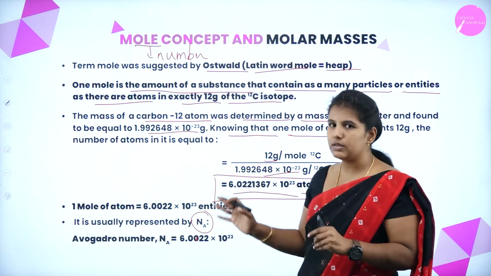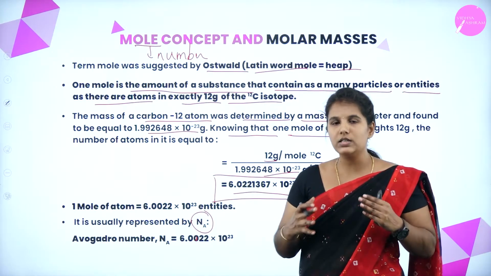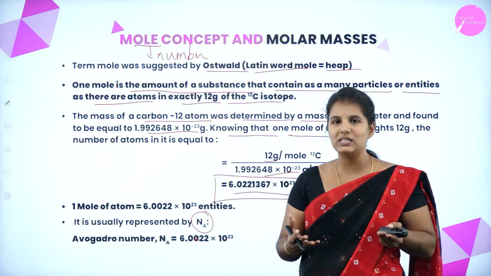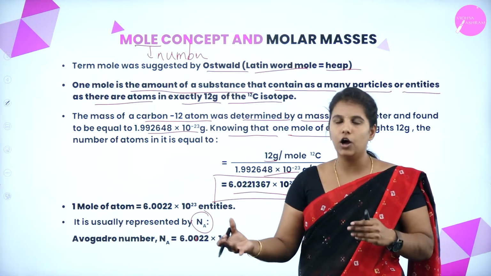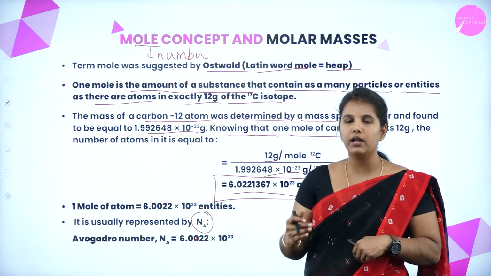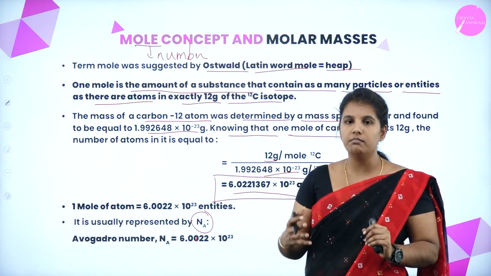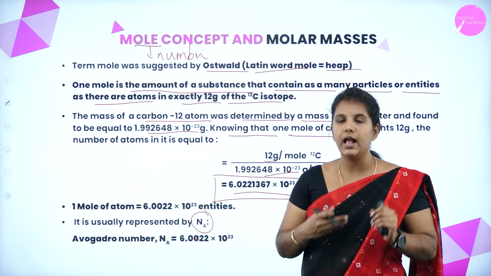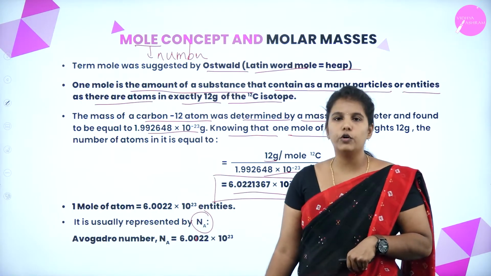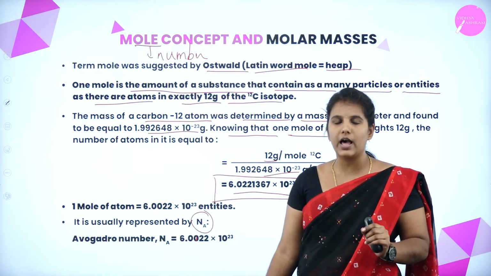Remember, the mole concept is very new for us, right? Here the mole is nothing but a number. What does this number indicate? The number of entities found in matter. What are the entities? It may be an atom, a particle, a molecule or an ion. How to find this? They took carbon-12 as the standard isotope and measured its mass by mass spectrometry, and found the mass to be 1.992648 × 10^-23 gram, and they also know the weight of carbon is 12 gram.